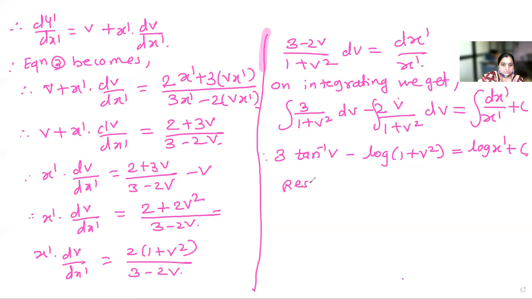So resubstitute v is equal to y dash upon x dash, and y dash is equal to, what is our y? y is equal to y dash plus k.